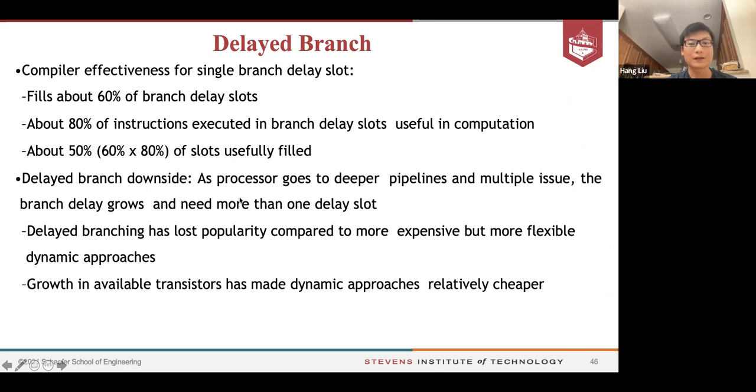Delayed branching falters as the processor goes to deeper pipelines and multi-issue, as the branch delay grows and needs more than 1 delay slot. Then we might not be able to find so many instructions to fill in the delay slots. Delayed branching has lost popularity compared to more expensive but more flexible dynamic approaches, which I will talk about later. Growth in available transistors has made dynamic branch prediction approaches relatively cheaper.